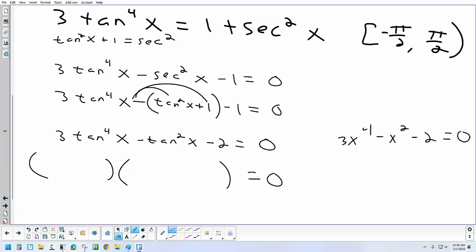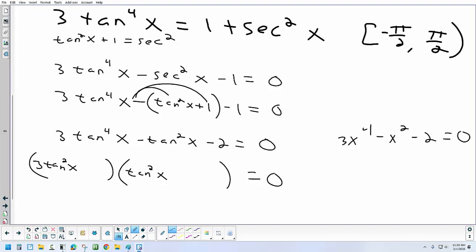What would be my first term in each set of parentheses? Yep. 3 tan squared and tangent squared, just like 3x squared and x squared. That's how you do the other one. And then what about your signs? Positives, negatives, or one of each?